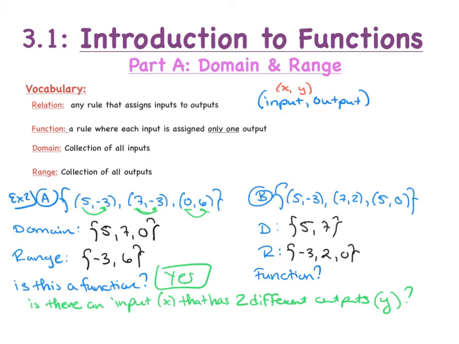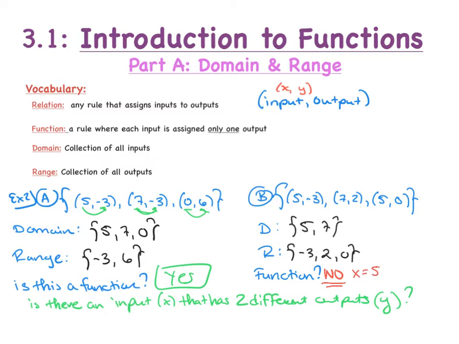Is this a function or not? So we need to find out the answer to this question. Is there an input x that has two different outputs y? Okay, so x equals 5 has an output -3. Oh no, x equals 5 has an output 0 also. So this would be no, it's not a function.